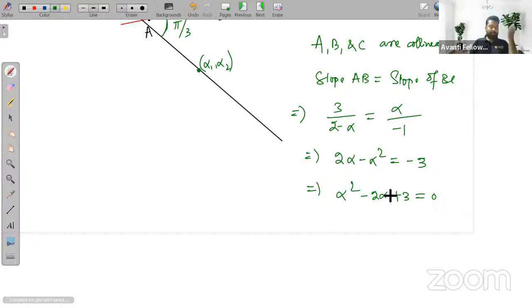So by factorizing this quadratic expression, what are you getting? Alpha plus 1 into alpha minus 3 is equal to 0.